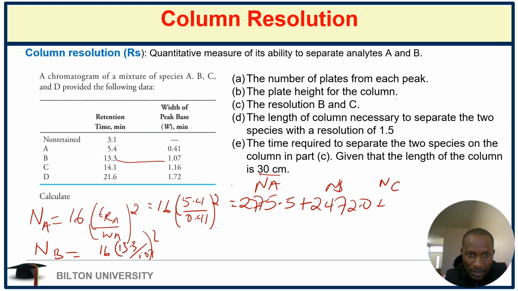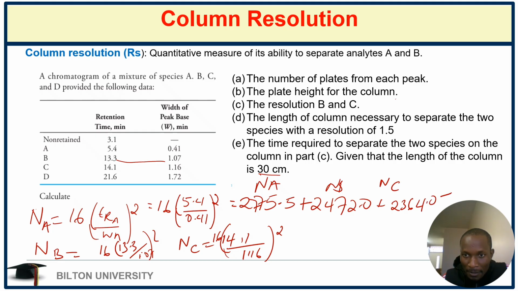Let's calculate for NC. NC we still do the same. It's going to be 16 into 14.1 divided by 1.16, everything squared, and that's going to give us 64.0.